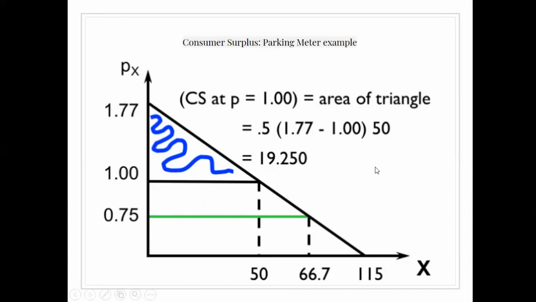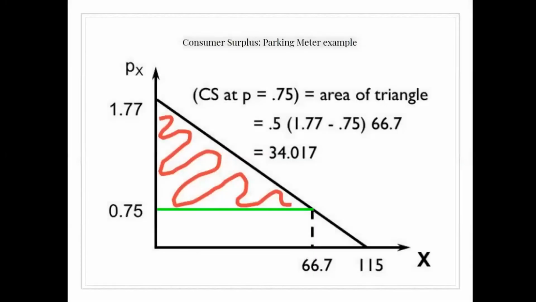So now with the new price, we calculate the new blue triangle, which is obviously smaller. As you can see from the formula and the calculations, you can do them on your own later on. You have a smaller triangle that now only represents $19.25 instead of the original 34.